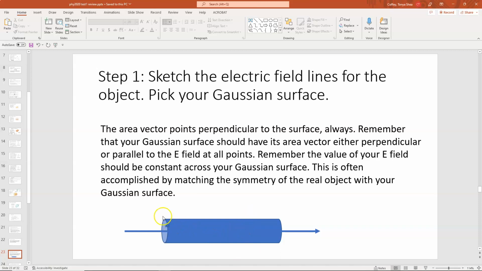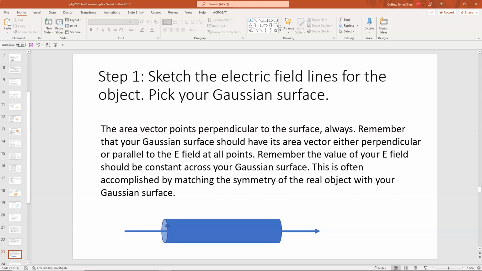Since I've chosen my cylinder to be concentric with my wire, in other words, the long axis of my wire is the same as the center of my cylinder, then the electric field magnitude is going to be constant over the surface. Now the magnitude, not the direction. The direction changes as you walk all around. But the electric field magnitude is going to be the same all along the curved surface of my cylinder. So that's how the conditions are satisfied there.